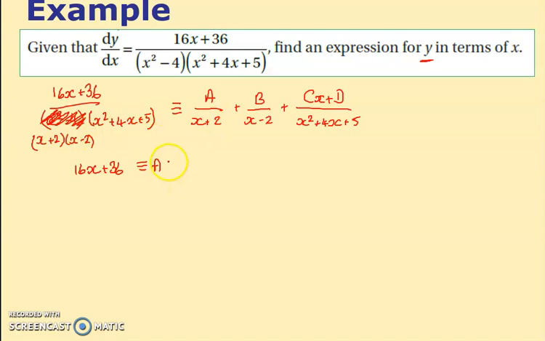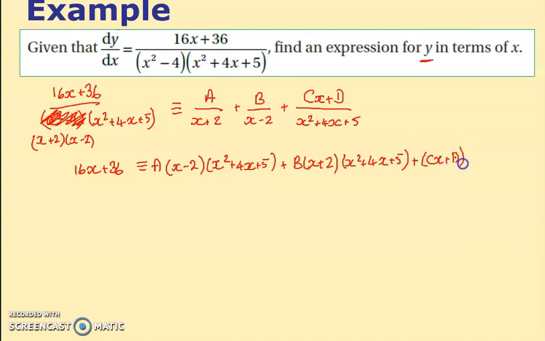That's over x plus 2, so I think I need to gain an x minus 2 and the quadratic. The B, I think, gains the x plus 2 and the quadratic. And then the cx plus d gains the x plus 2 and the x minus 2.